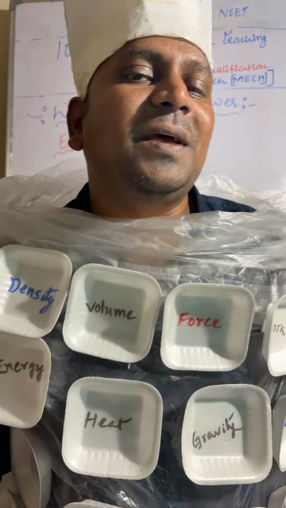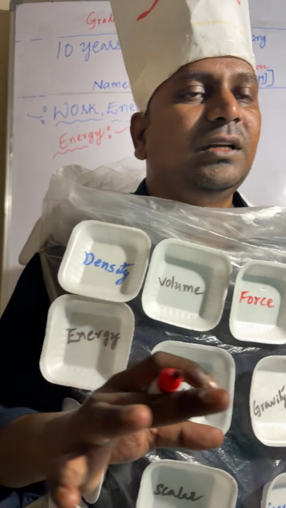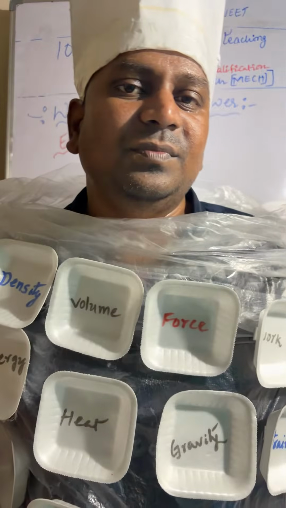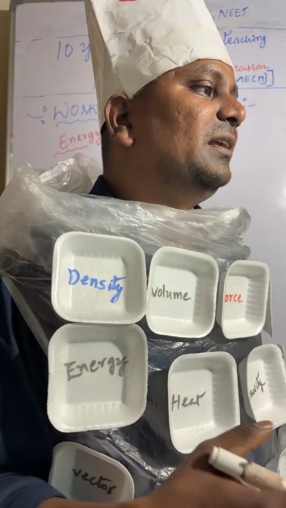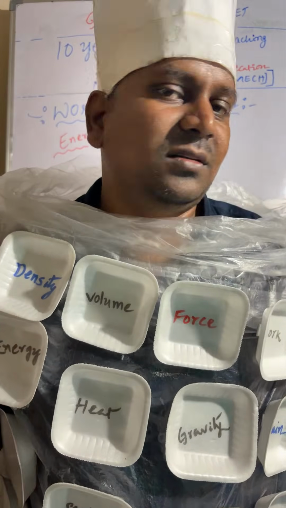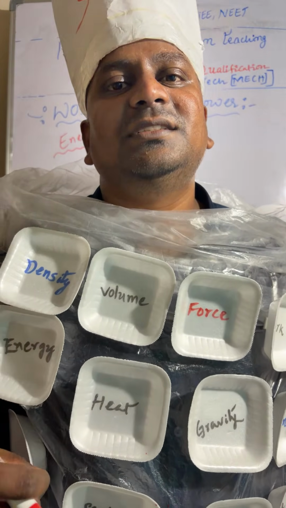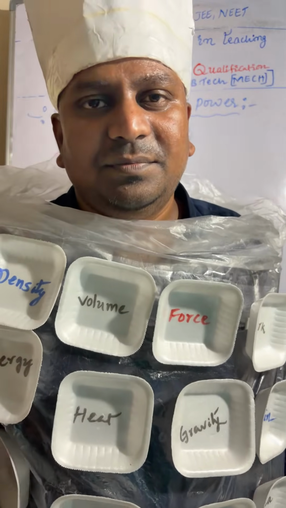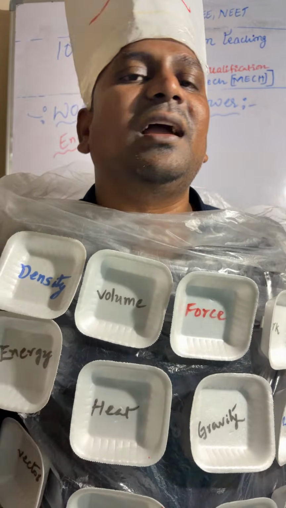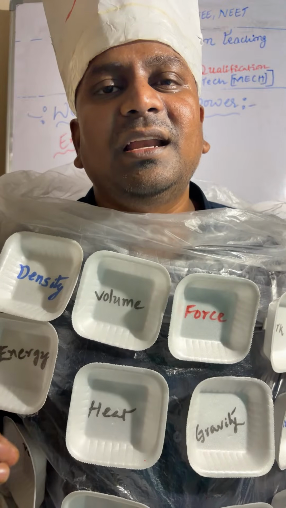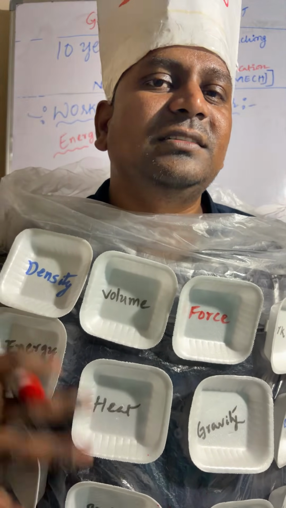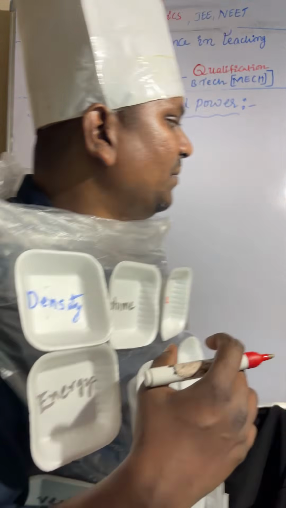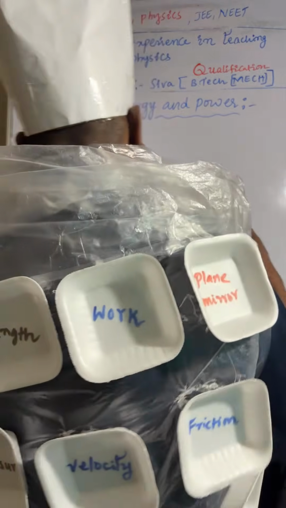Ability to do work or capacity to do work is called energy. Energies are different: heat energy, mechanical energy, thermal energy, solar energy, wind energy, and there are so many. Here we are discussing mechanical energy. So what is mechanical energy? The sum of kinetic energy plus potential energy.